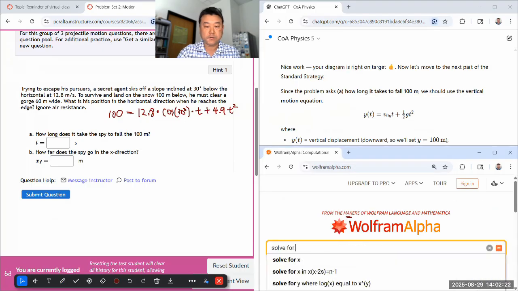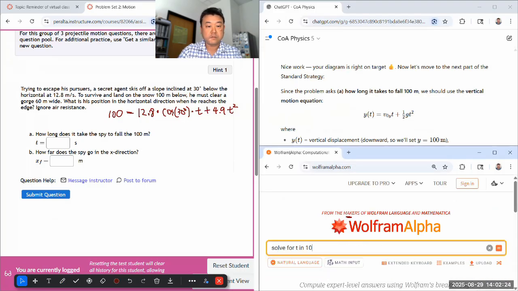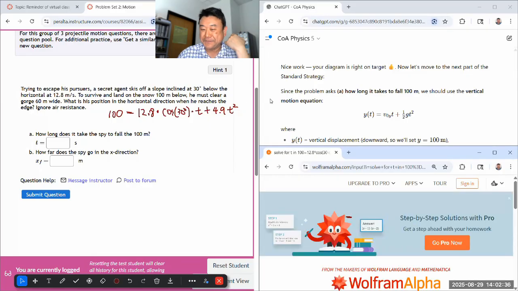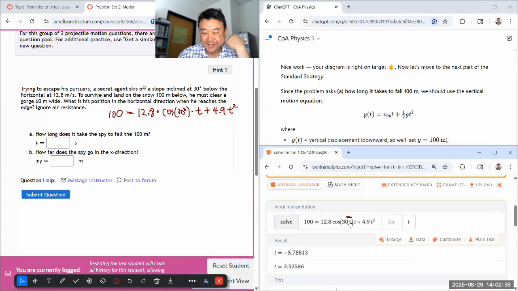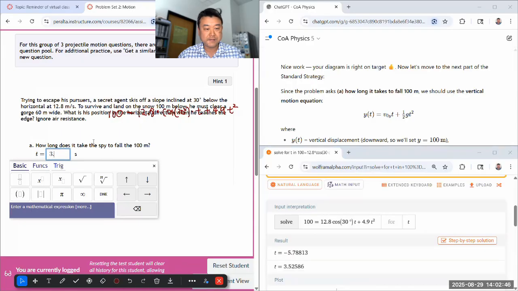So solve for t in 100 is equal to 12.8 times cosine of 30 degrees times t plus 4.9 t squared, because I don't want to use the quadratic formula. It takes time. This is quicker. So let's say you did all this, you got the positive time, and you plug that in, and it says that's wrong.